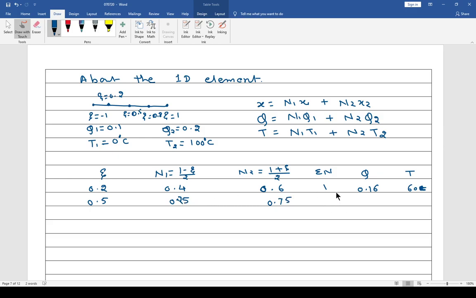How is this coming? Sorry, I just made a mistake. This is xi 0.2, it has to be a minus value and this has to be 0. Okay, so we'll just make a correction.